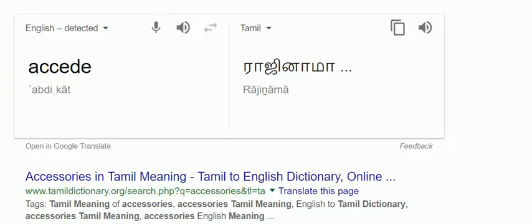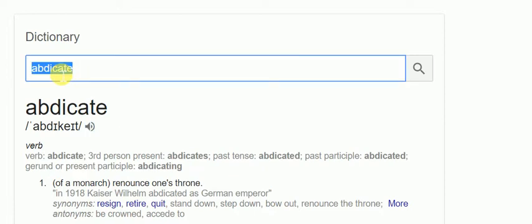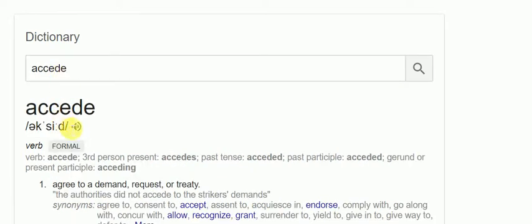Accede. To agree to a demand, request or treaty. So you are agreeing to a demand.